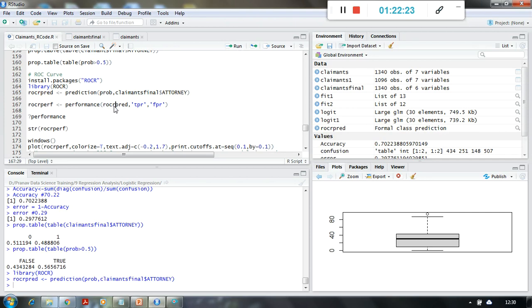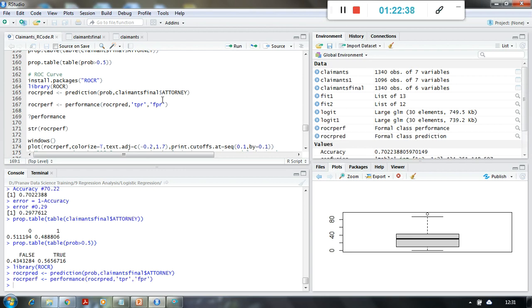And these ROCR predictions I am using to calculate TPR and FPR value by using the performance function. So I am going to get the performance which I am storing into this ROCR performance.